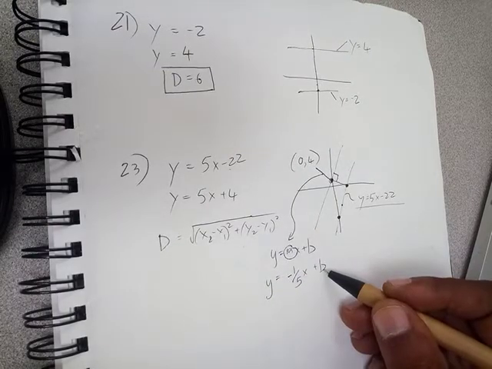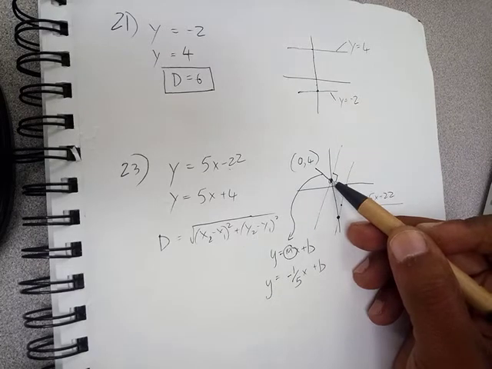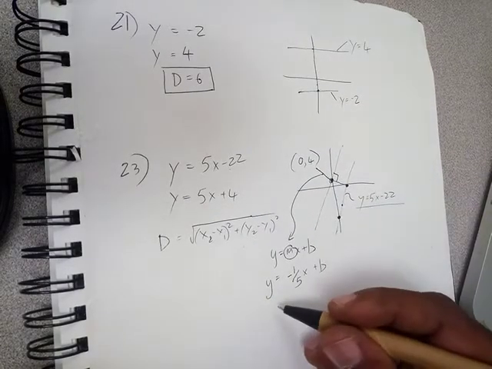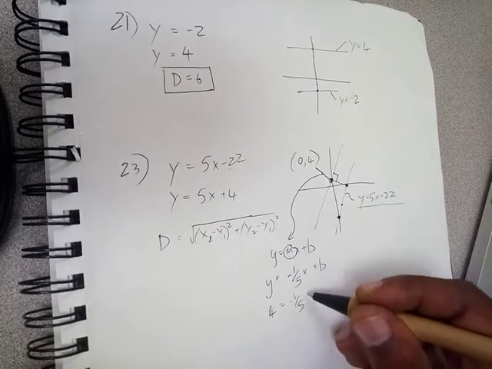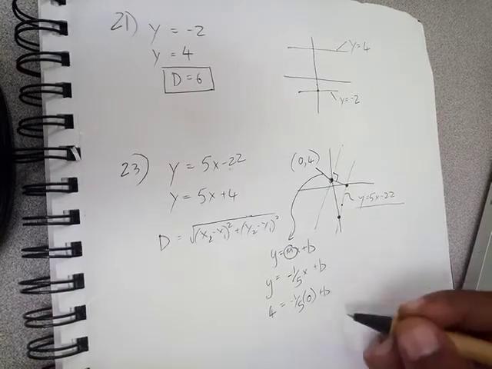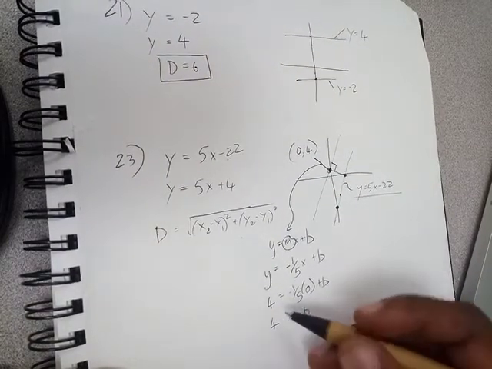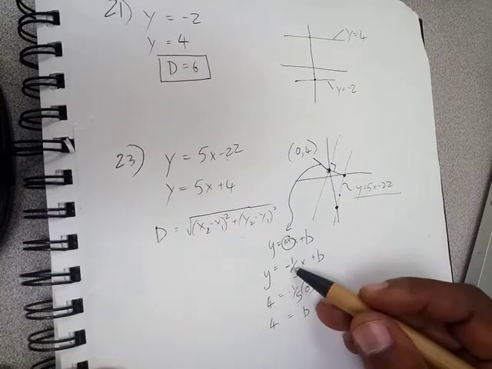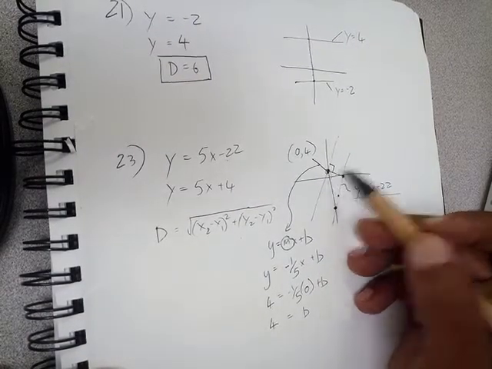How do I solve for b? As always, you pick one known point on that line, (0, 4), where x is 0, y is 4. So 4 is equal to -1/5 times 0 plus b. It's always going to work out this way: b is equal to 4, because the m times 0 goes away if I'm using the y-intercept, okay?